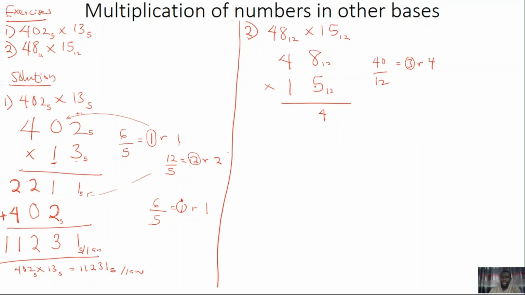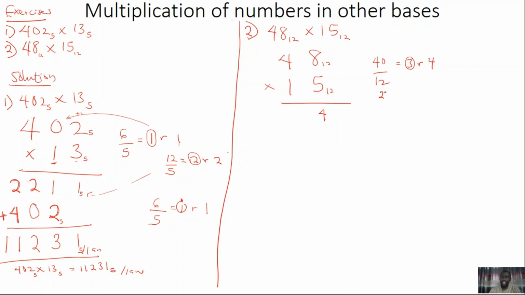And the next operation is 5 multiplied by 4, which is equals to 20, plus 3. That will be equals to 23. Because 23 is greater than 12, we're not going to write 23 down. What we're going to do is divide it by 12.